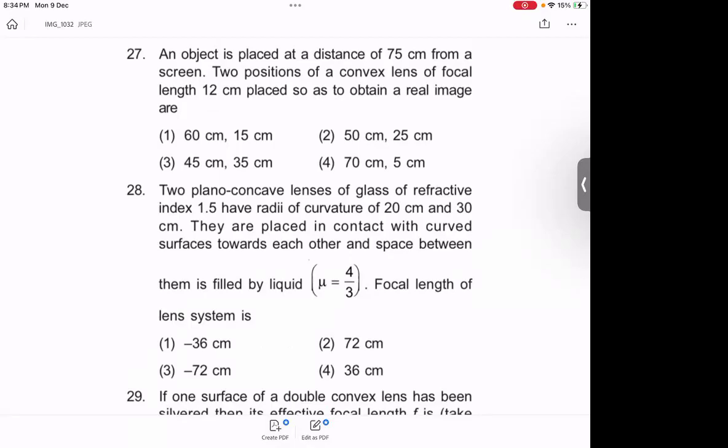They have given an object which is placed at a distance of 75 centimeter from the screen. Two positions of a convex lens of focal length 12 centimeter are placed, so obtain the real images.